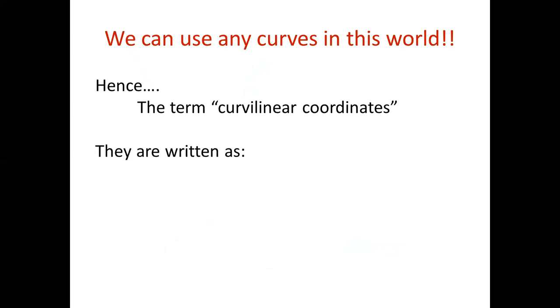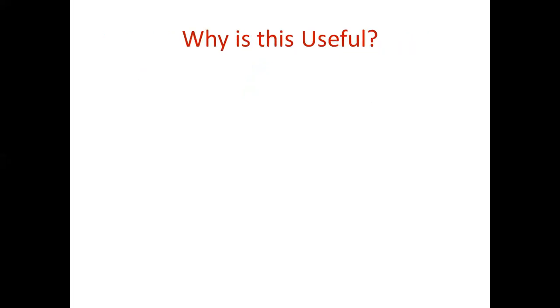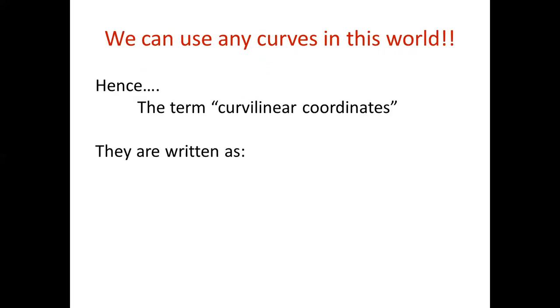So we can use any curves in this world, and hence we have the term curvilinear coordinates, mentioning we can use any sorts of curves. We can form coordinates using those curves, and they are generalized. Oops, sorry, I missed the equations, but we can give them equations.